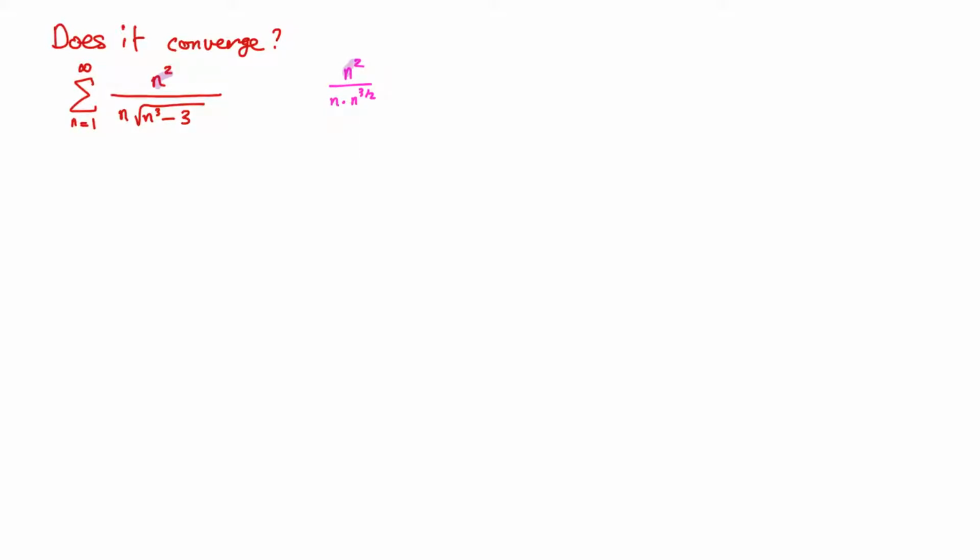This will then equal n squared over n to the 3 over 2, that is n to the 2 minus 5 over 2, which is equal to 1 over n to the 1 over 2.